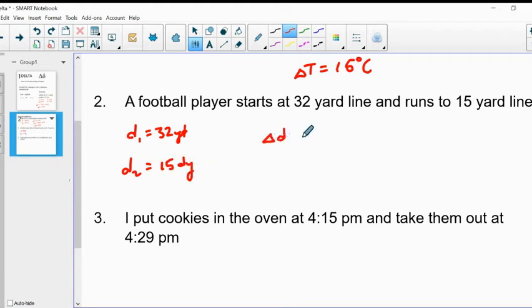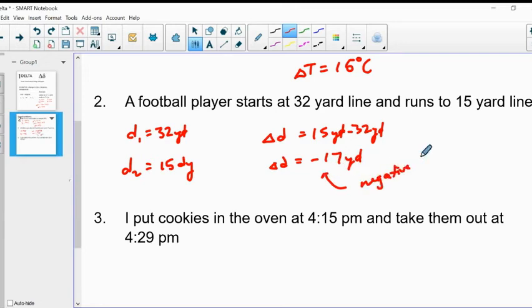Our delta D, or change in distance, would be 15 yards, take away 32 yards. And what you'll see is that this comes out to be a negative 17 yards. What does that negative imply? That just tells us the direction. Maybe the player is getting closer to scoring their big first touchdown.